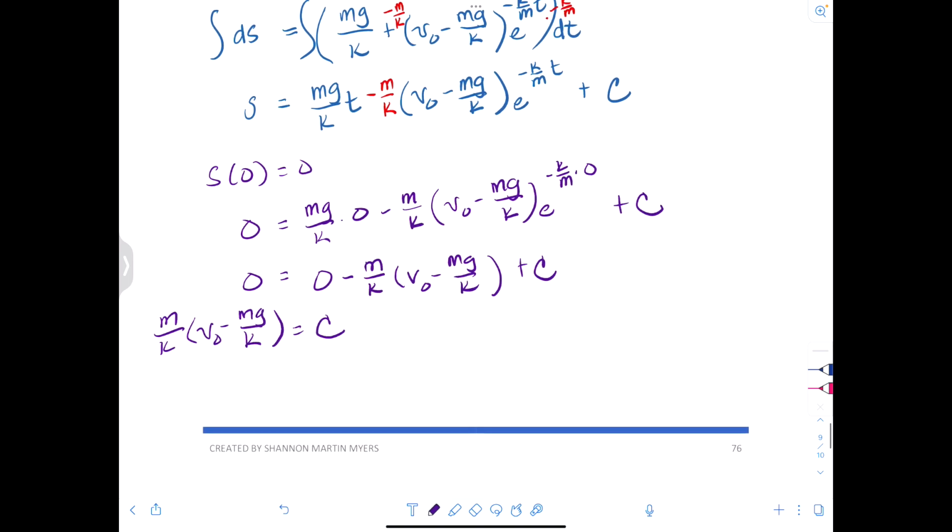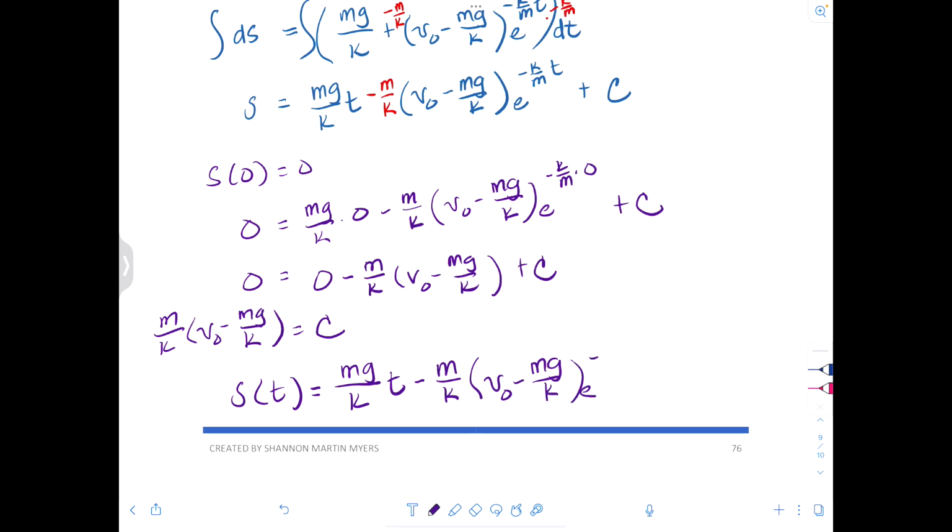So, not a really simple looking formula, but at the end of the day, s at t is equal to m times g over k times t, minus m over k times the quantity v0 minus m times g over k, times e to the negative k over m times t, plus c, which is m over k times v0 minus m times g over k.